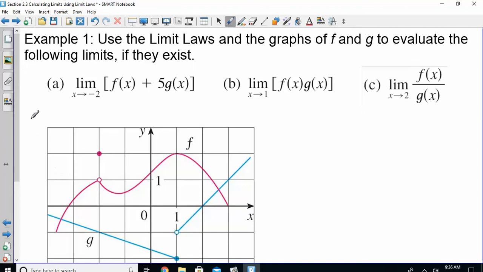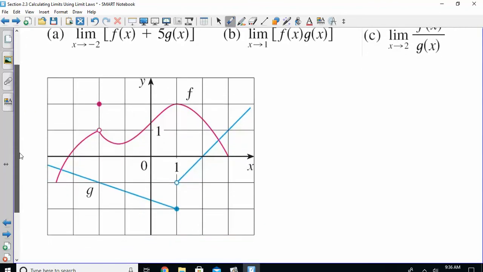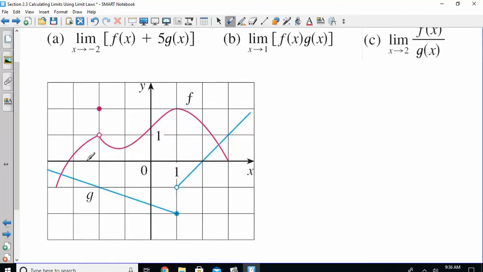So this beautiful picture has two different functions. I know your black and white handout is not color-coded, but the pink one is f, and the blue one is g here. We did that handout that we graded today, where we evaluated all those limits using our graph.